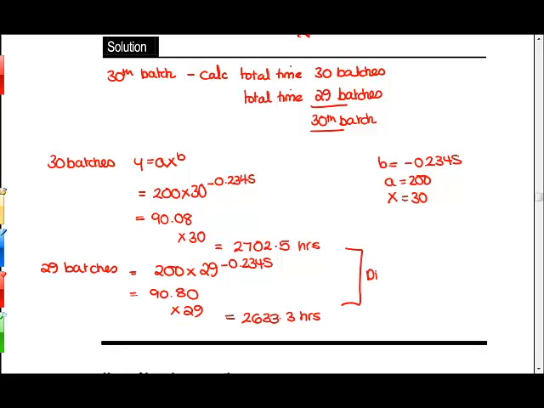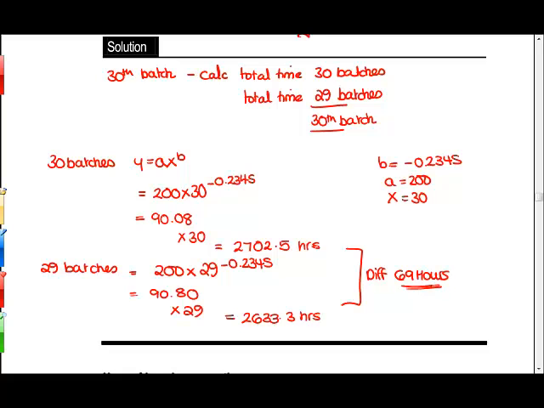Take the difference between those two, 2,702.5 minus 2,633.3, and that will give you the difference, which is 69 hours.